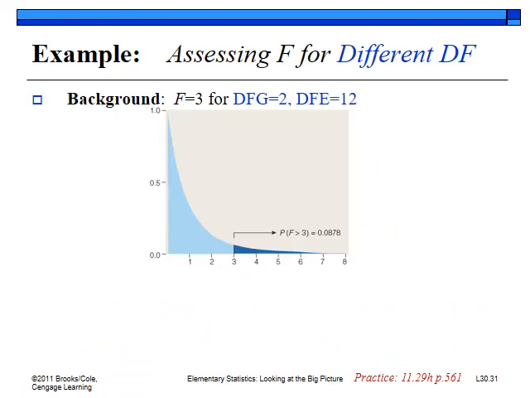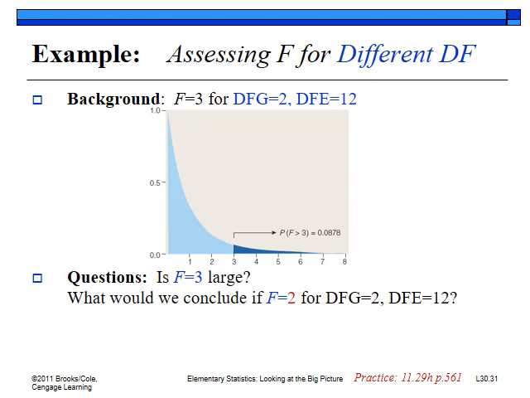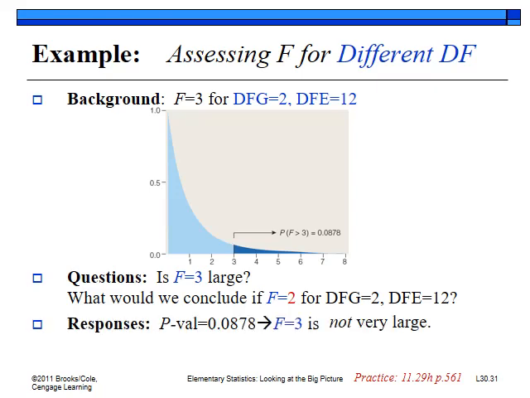What about if DFG is 2 and DFE is 12? In this case, since the p-value corresponding to f equals 3 is not less than 5%, in fact it's close to 9%, we would not reject the null hypothesis.